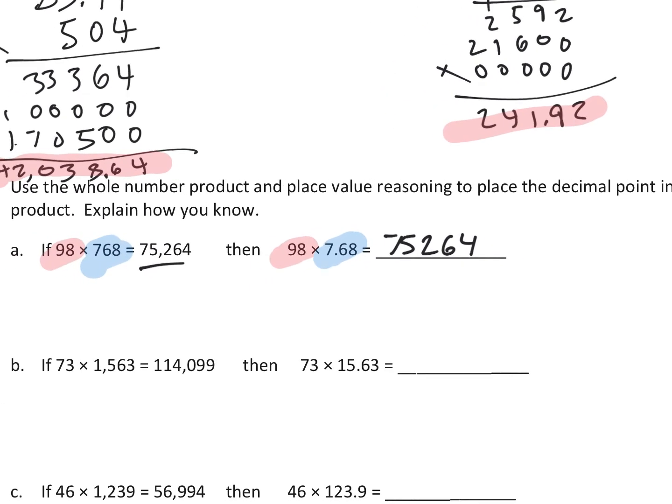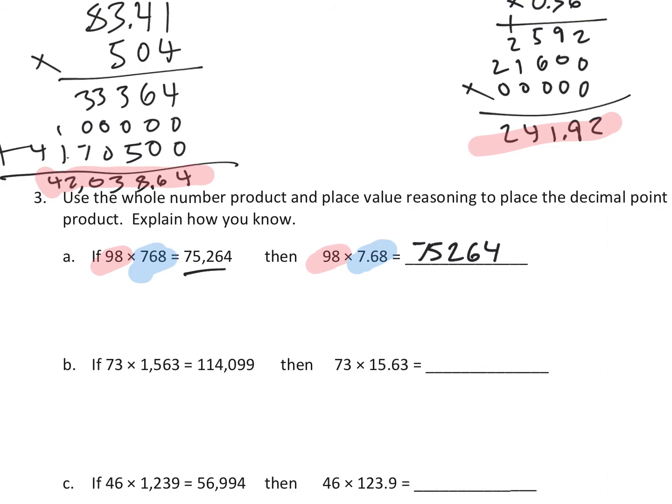Well, if I took 768 and divided it by 100, that would move the decimal 1, 2, and it would be just like 7 and 68 hundredths. So by dividing it by 100, I could make this be the same.